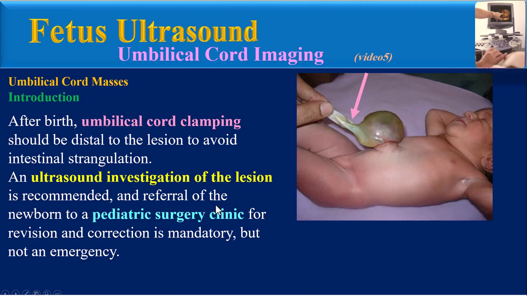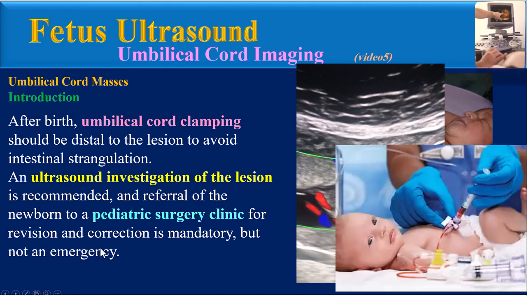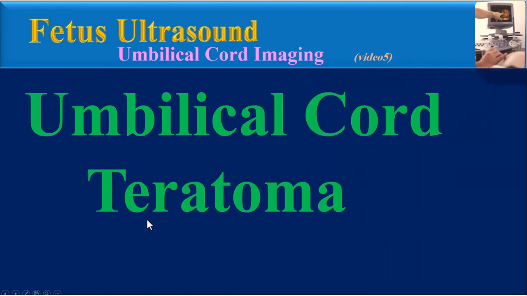An ultrasound investigation of the lesion is recommended, and referral of the newborn to a pediatric surgery clinic for revision and correction is mandatory, but not an emergency. Umbilical cord teratoma.